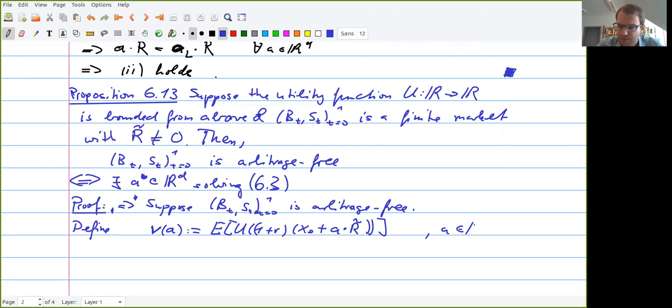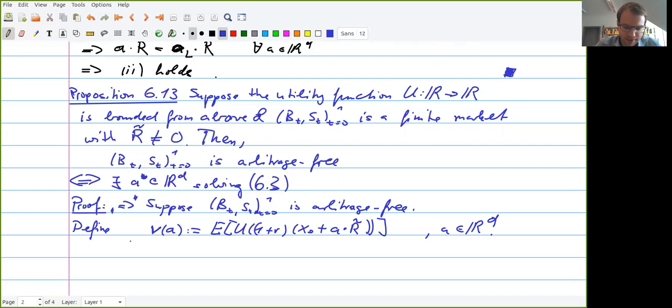And a is a vector in R^d. So this is the target function we actually wanted to maximize, or we will still want to maximize, over all values of a.